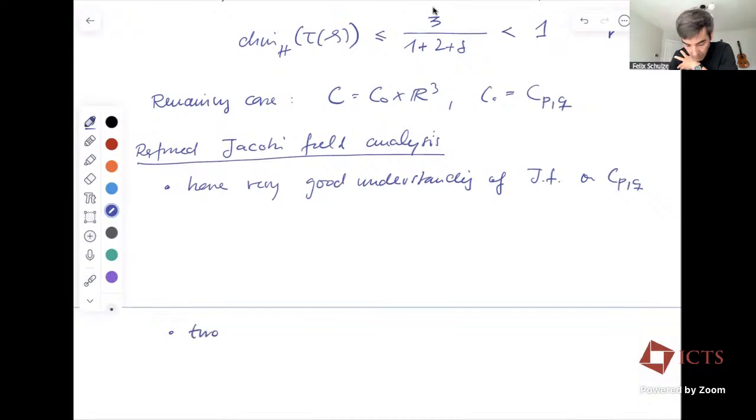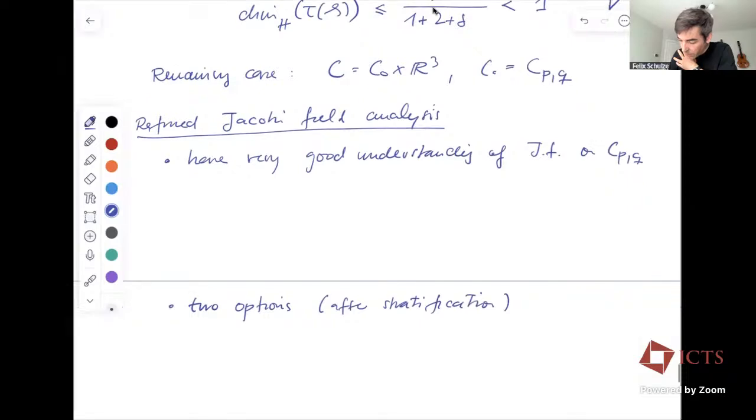Now I'm hiding a lot of work here, but this is sort of the main idea. Two options after sort of stratification. I need to carefully stratify the singular set in certain strata. Okay, so in one case, we have that nearby leaves sigma and sigma prime converge superlinearly.